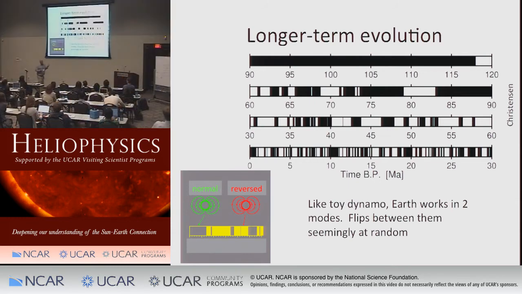I've really left out a lot of information when I tell you about the dipole field. Remember, the Earth's magnetic field is not a dipole. It just has one term that's a dipole. But that's all that the volcanoes really see. And if you go back far enough, it will actually have been in the opposite orientation. And then before that, the normal, reversed, normal, reversed. Just like our toy dynamo, the Earth's magnetic field seems to prefer its dipole to be in one of two orientations. But it seems to flip between them, at random, more or less.